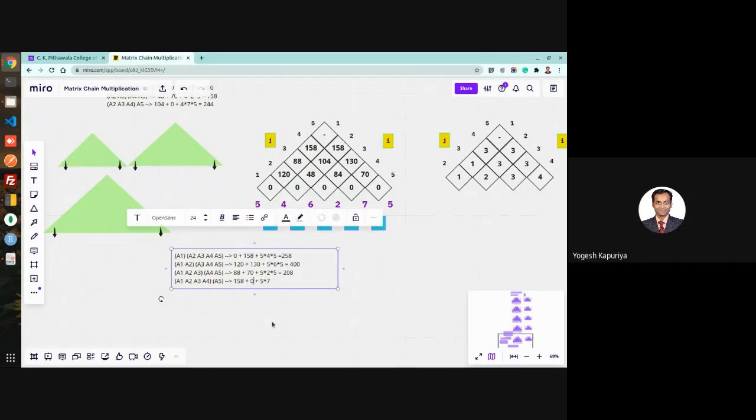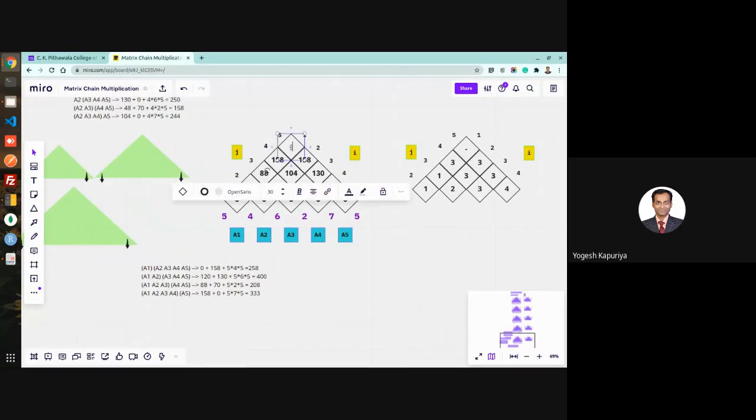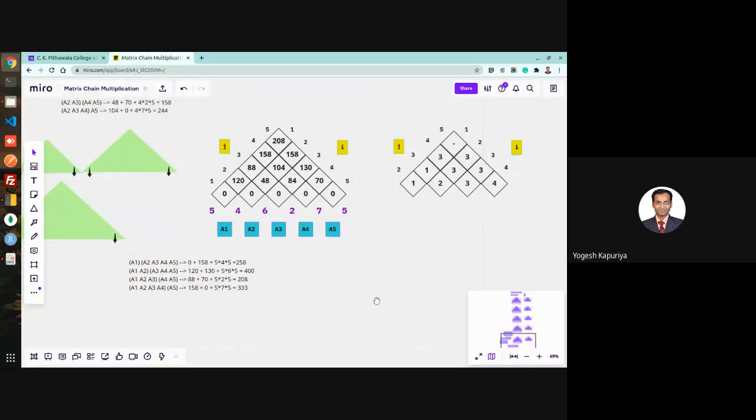So this is 0 plus 7 cross 5. So that will be 5 into 7 into 5, 175 plus 158, 333. So which one is minimum? This one, 208. So this is 208, right?